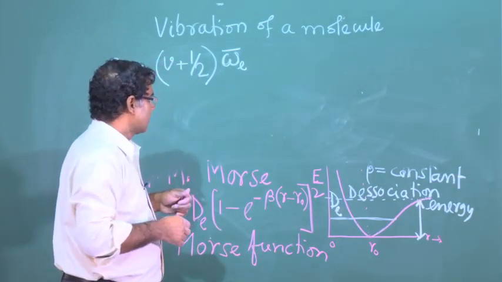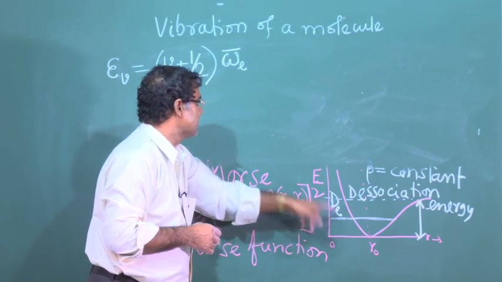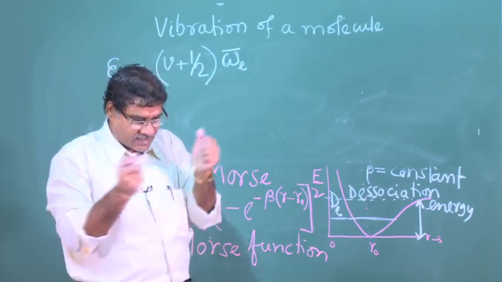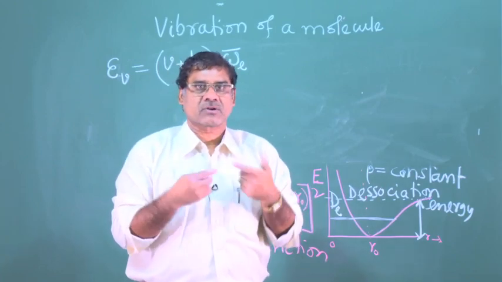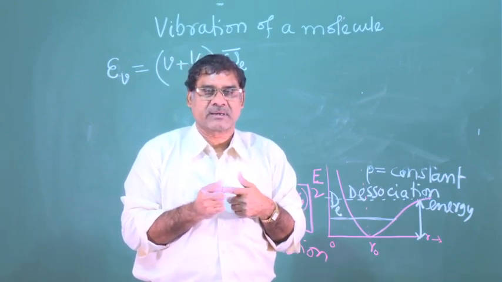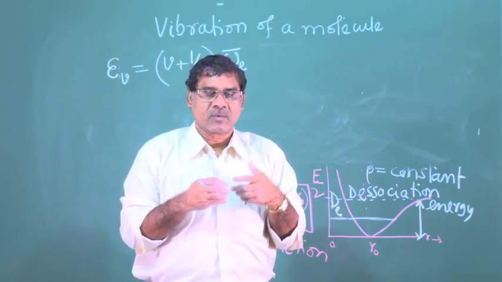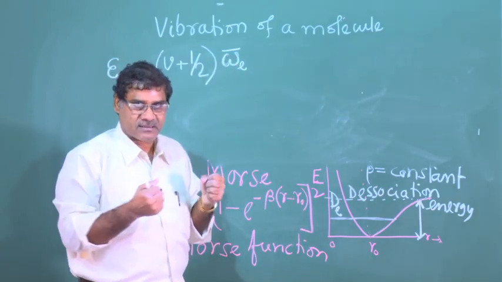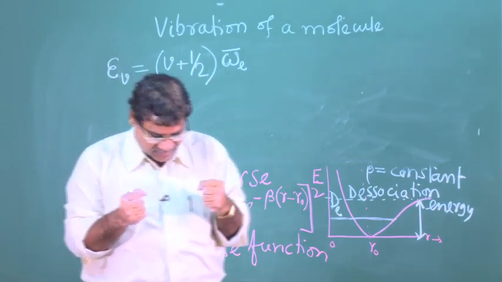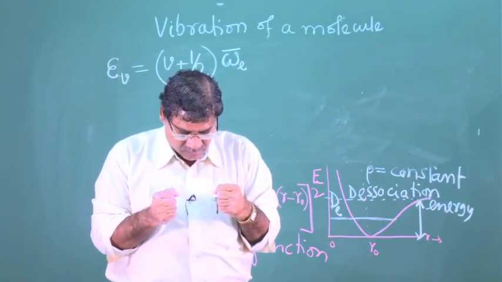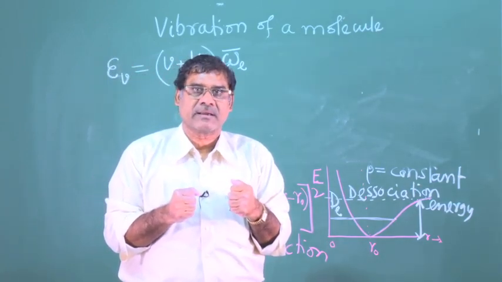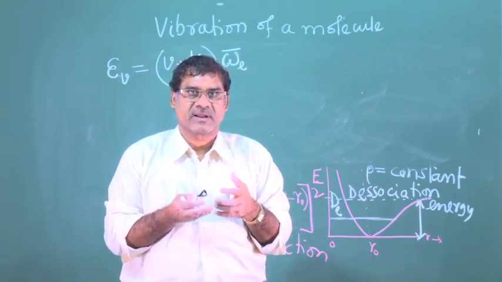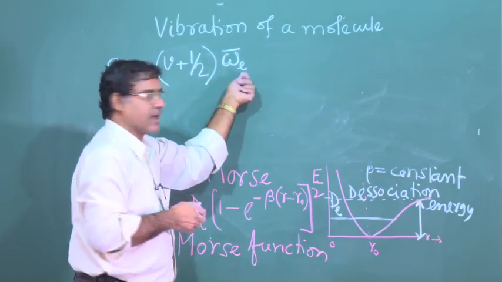The natural frequency is omega 0 and the corresponding wave number is omega 0 bar. For the anharmonic oscillator, the wave number omega e bar is not the same as omega 0 bar. It is different, so I have used a different symbol.